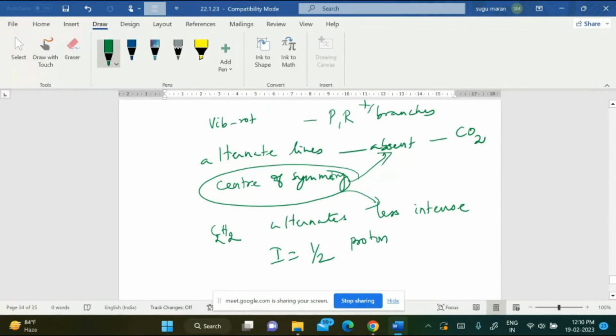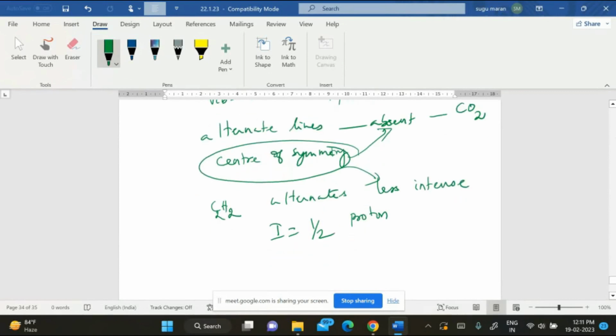But in the case of carbon dioxide, the I value will be zero. Of course, technically C13 has an I value of half, but the abundant C12 and C14 have an I value equal to zero. Hence, alternate lines are absent. But in the case of acetylene, in the PQR branches, alternate lines are less intense.